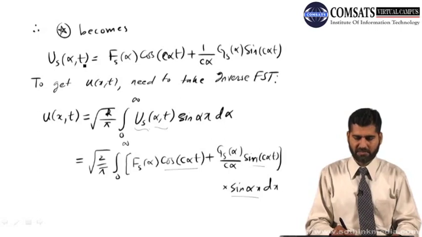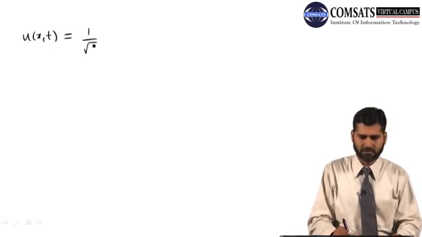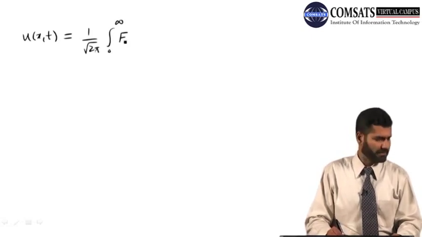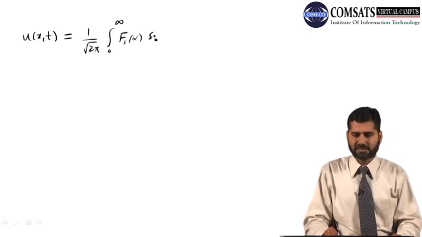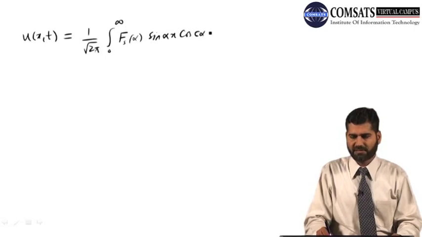If I replace this product by a sum, I can write this solution as: the first term is sine alpha x cosine c alpha t.